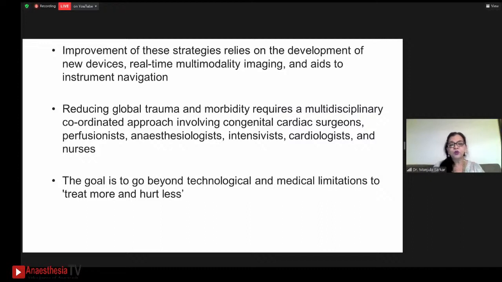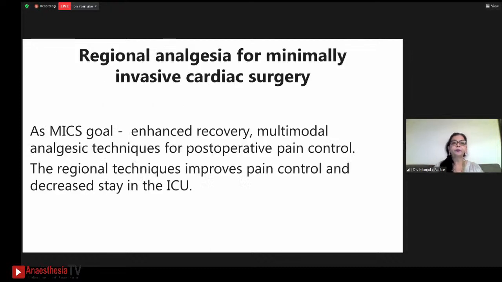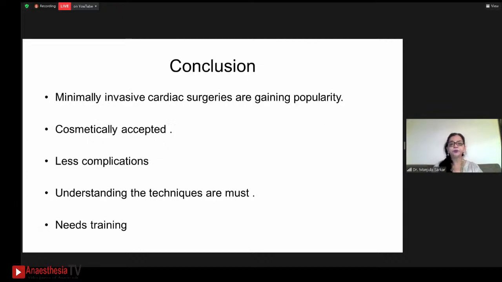The goal, beyond technological and medical limitations, is to treat more and hurt less. Regional anesthesia for minimally invasive cardiac surgeries: the goals are enhanced recovery and multimodal analgesic techniques for post-operative pain control. Regional techniques improve pain control and decrease ICU stay.